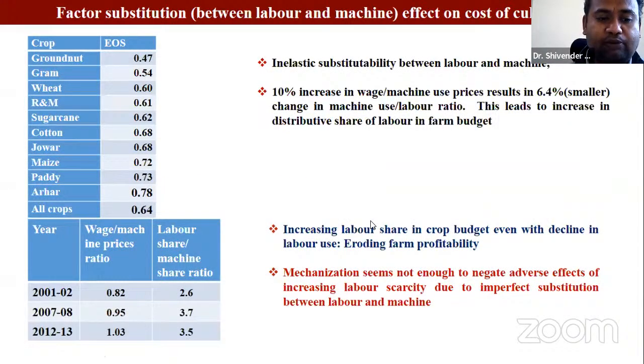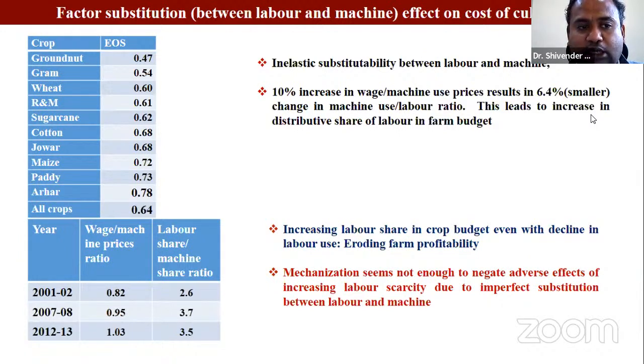The second aspect is on-farm mechanization, where someone asked what the pace of farm mechanization is. So we estimate the elasticity of substitution between labor and machine, which is the change in the ratio of labor and machine due to the change in the relative prices of wages and machine.